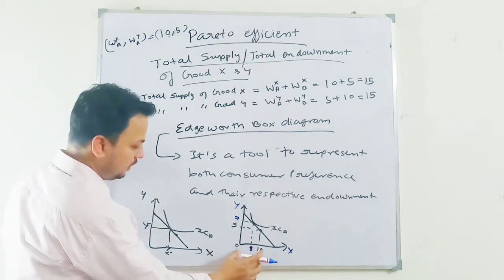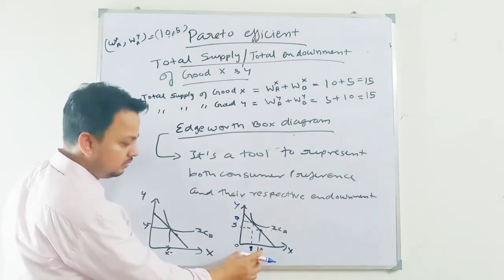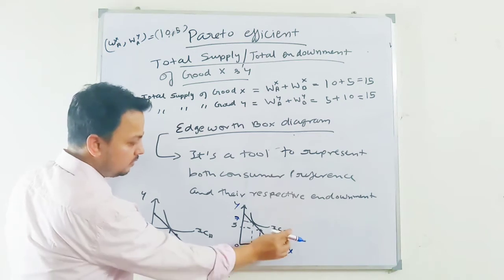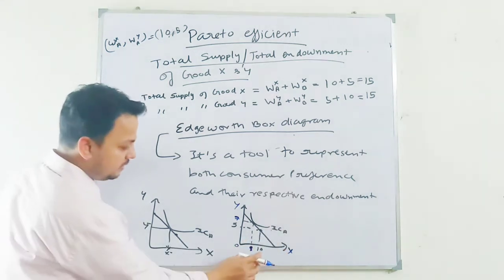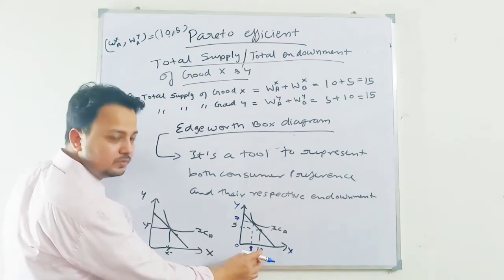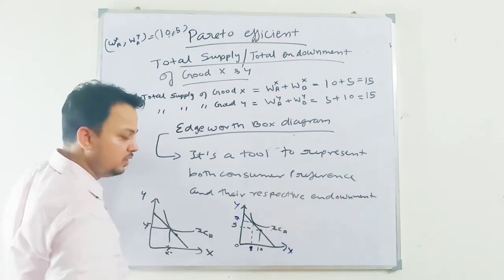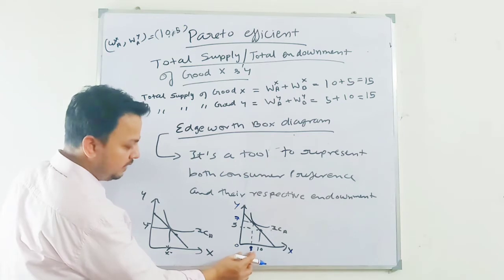This is the amount of good X that the consumer has as endowment, but he only wants to consume 8.